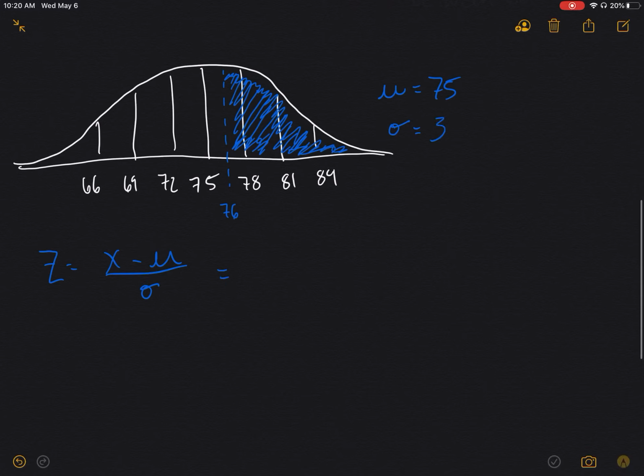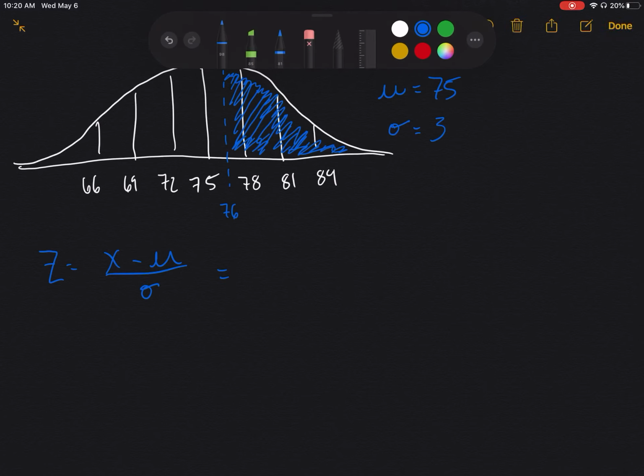So if your goal is to get a 76, then I'll take 76 minus the mean, which is 75, and divide it by the standard deviation, which is 1/3, or 0.33. When we're using z-scores, we want 2 decimal places, and you'll see why in just a moment. Okay, so what this says is that you're 0.33 standard deviations above the mean.